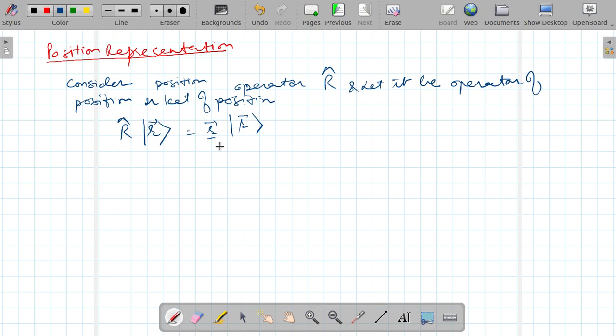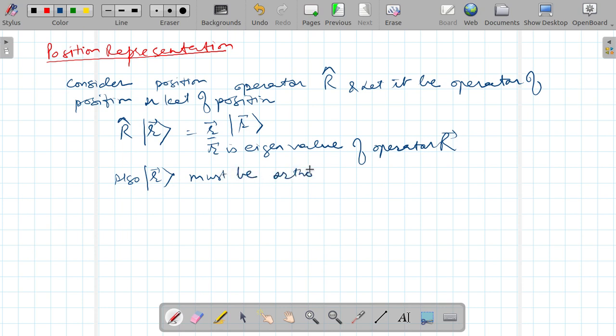So this small r is the eigenvalue of operator R. Also this ket R, the position vector, must be orthonormal and complete.